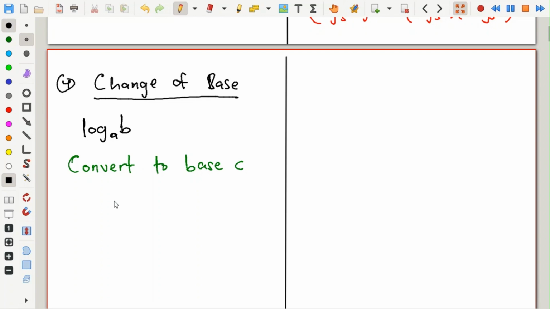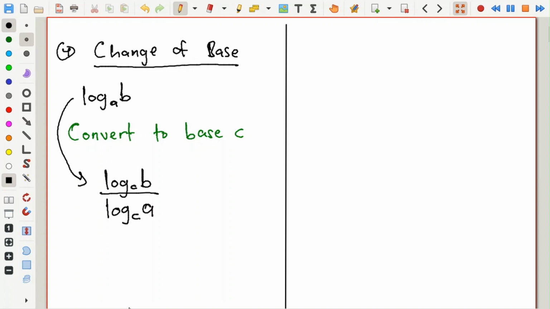Very simple. Do you know what you do? You just write logarithm as your numerator, logarithm as your denominator. Then write b here. That's the argument over the base. Then what are you changing it to? You're changing to base c. So you just write c here, c here.